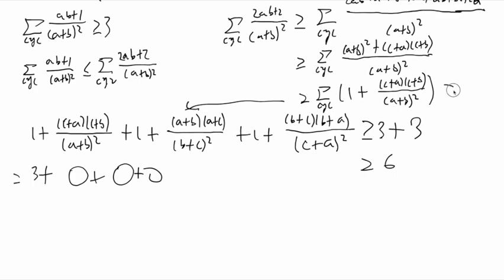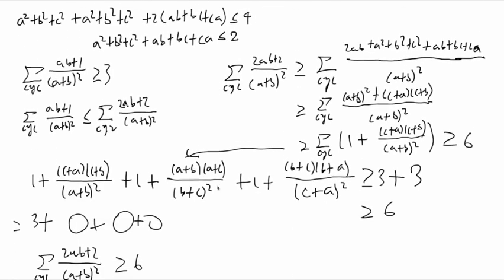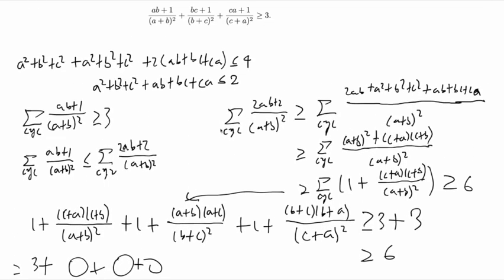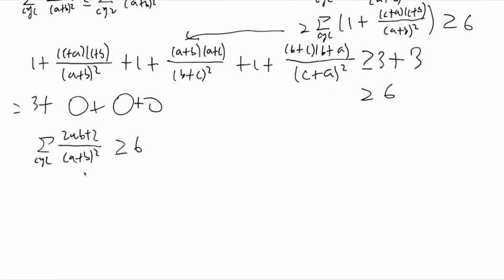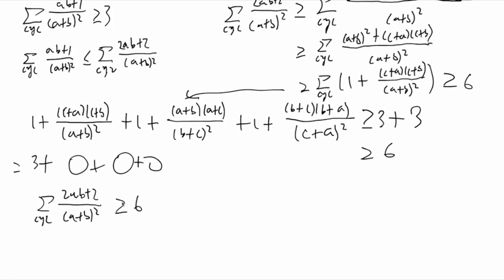So this is greater than or equal to 6, and our cycle right here is supposed to be greater than or equal to 6. And notice that when we look at the inequality that we need to prove here, we just need to divide all of them by 2.